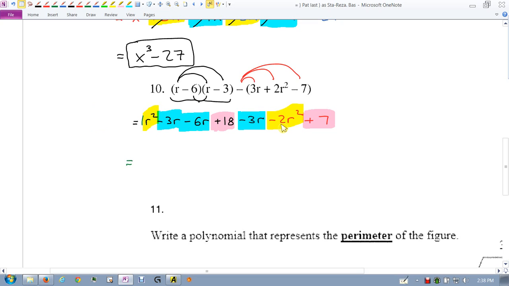So negative r squared. So you have to remember now we're doing subtraction. So you're looking at the numbers in front. It's not multiplication. So just a negative r squared. How many r's? So negative 3. Take away 6 more is what? Negative 9. Take away 3 more. Negative 12 r's. And finally, 18 plus 7. Plus 25. There we go.